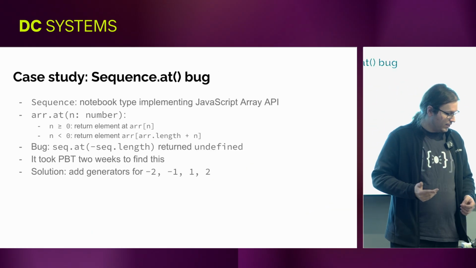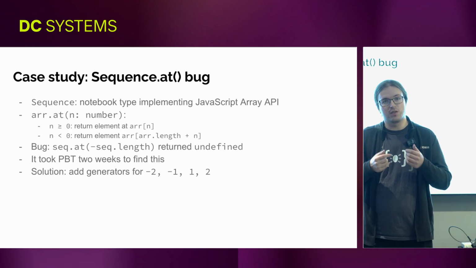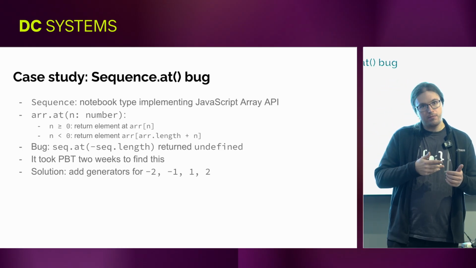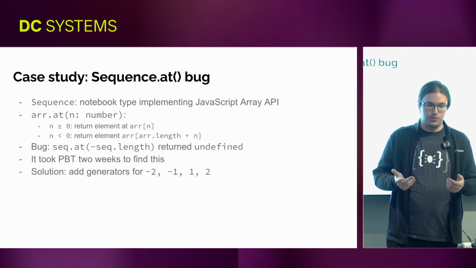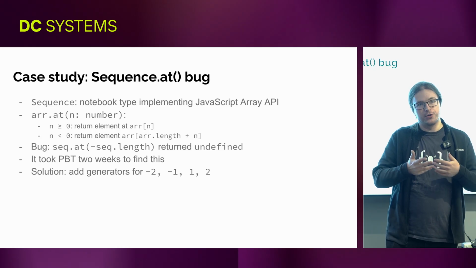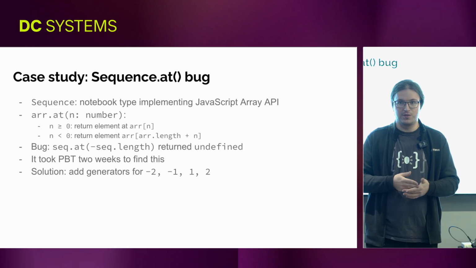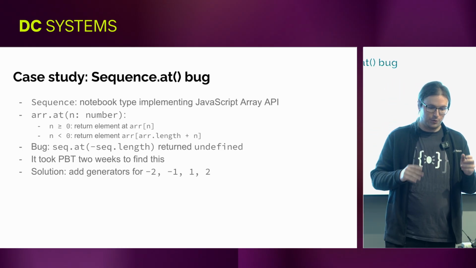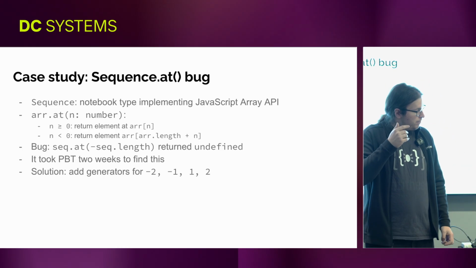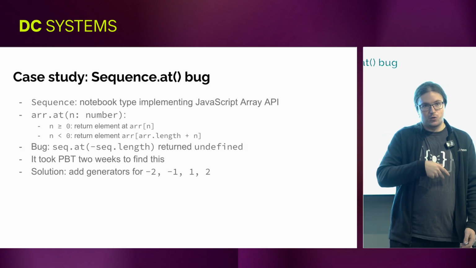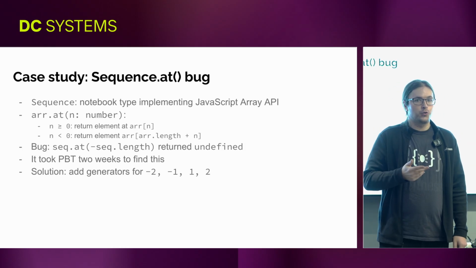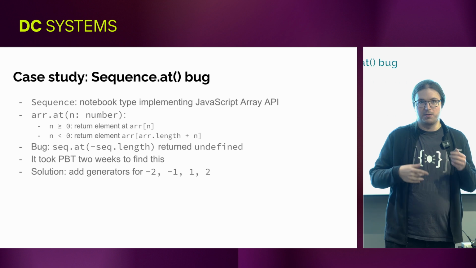An example of this is we had a bug in sequence, which is a type that we've designed to mirror the JavaScript array API. So all the methods on array should also exist for sequence. And this has to do with some stream handling stuff. I won't get into it here. But one of the methods on array, thus one of the methods on sequence, is at, which works like array index access in Python.